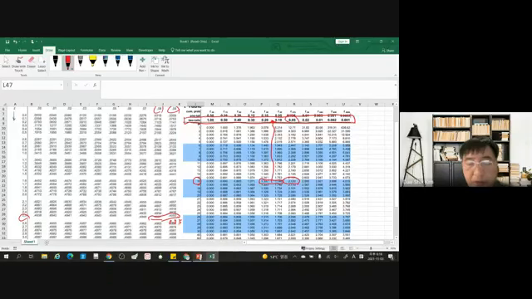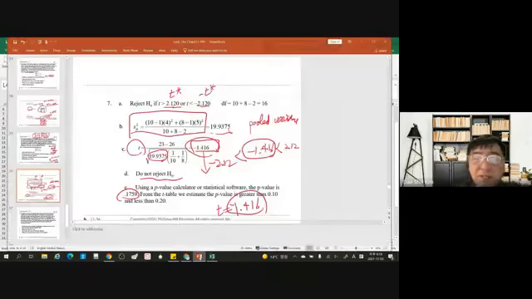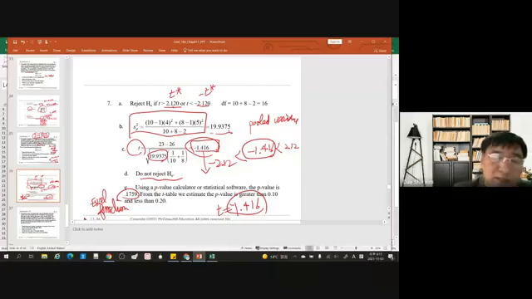The exact number is 0.1752, so they may use the Excel function. From the table, we cannot read accurately. Okay, so this is bigger than 0.05, so we will accept H0.